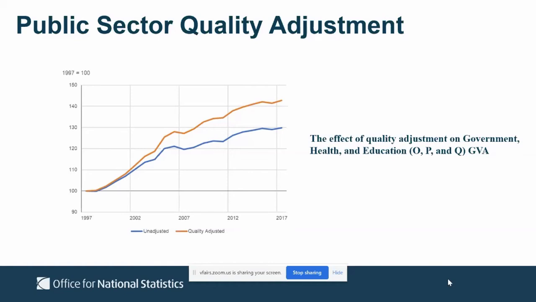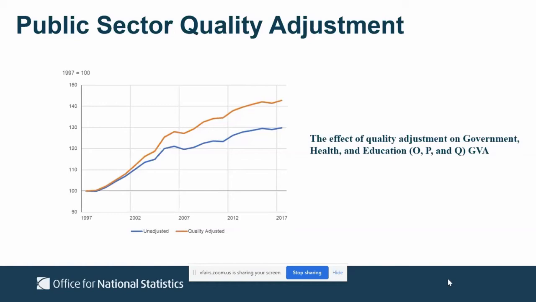We also undertake work to try and understand and develop quality adjustments for these services. And at the moment, we cover around 60% of the government sector, of the public service sector, with quality adjustments.